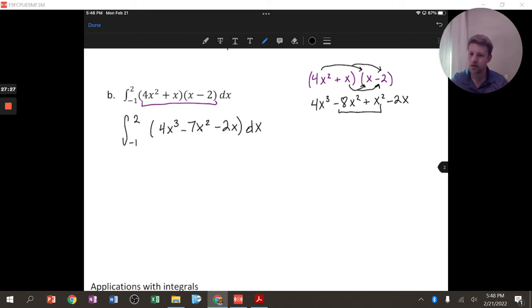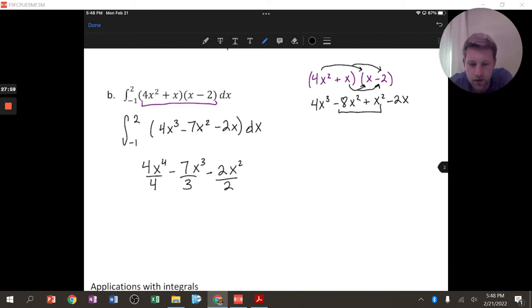Okay, this is looking good. So now we can go towards our antiderivative, so that capital F function. So going for that, we can take our antiderivative. We'll have 4x to the fourth over 4 minus, we'll have 7x to the third over 3, and then finally minus 2x to the second power over 2.